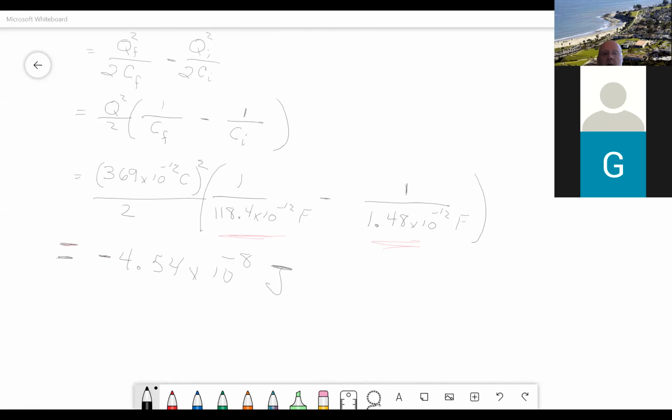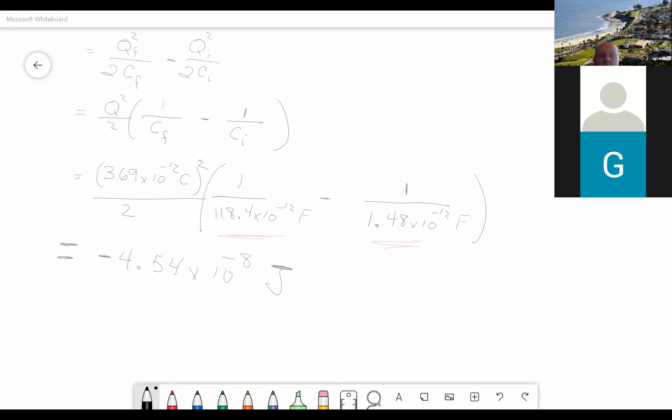If I switch over, I'll leave the screen on here and go to the solutions. I apologize, I do see now there is a part C, and they came up with, oh, wait a minute. Well, they got a negative 45.5 nano.